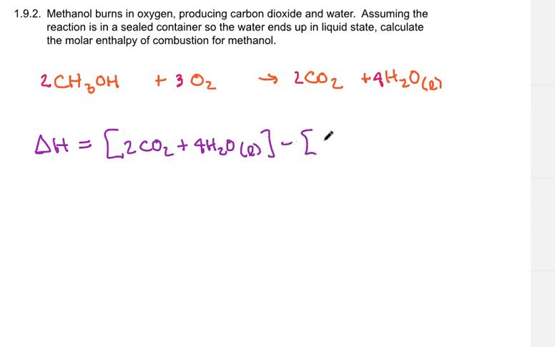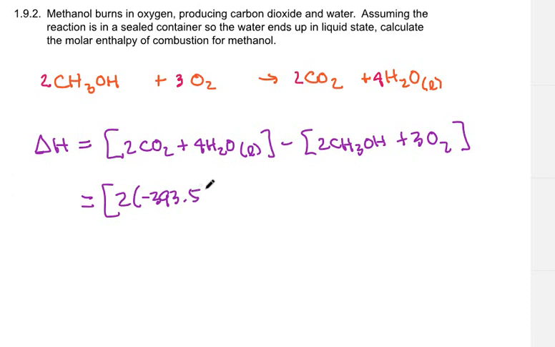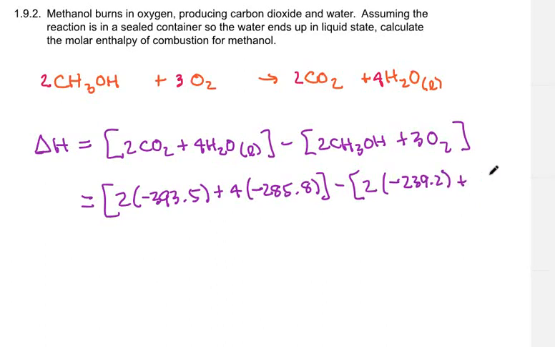Don't use the steam number. 2CH3OH, that's methanol, and 3 oxygens. 2 times carbon dioxide is minus 393.5, plus 4 times liquid water is minus 285.8, minus 2 times methanol, starts with M, where is it? Methanol is minus 239.2. And oxygens are zeros. 3 times 0 is still 0, so no one cares about that.